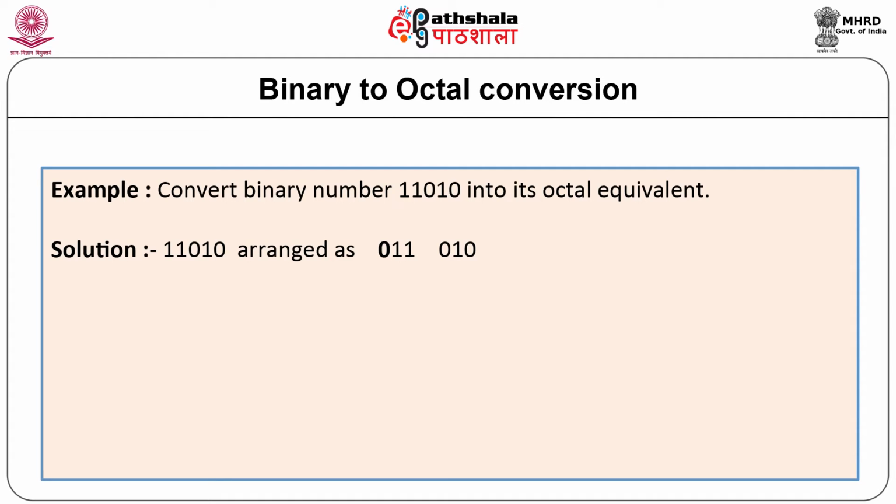Now 11010 is arranged as 011 in one group and 010 as another group of 3 bits. The first group generates octal 3, the second group provides octal 2. Thus 11010 in binary can be represented as 32 in octal.